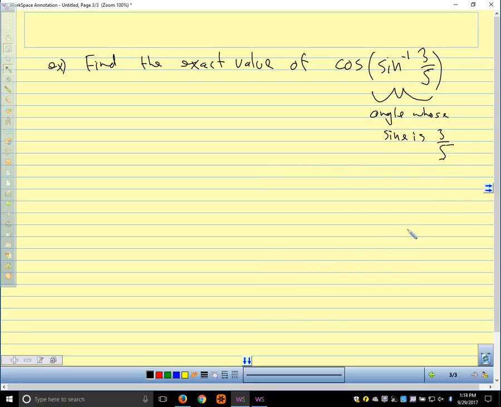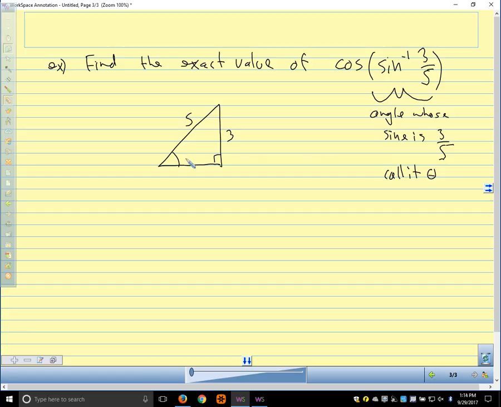That's what the inverse sine of 3/5 is. Let's call it theta. Well, we can draw a picture of that, can't we? There's the angle whose sine is 3/5.